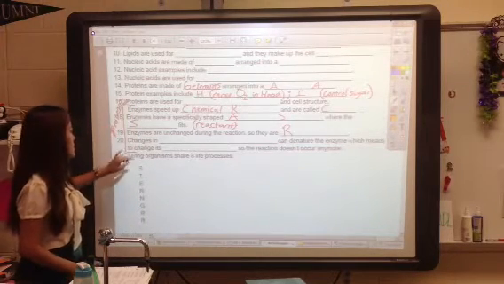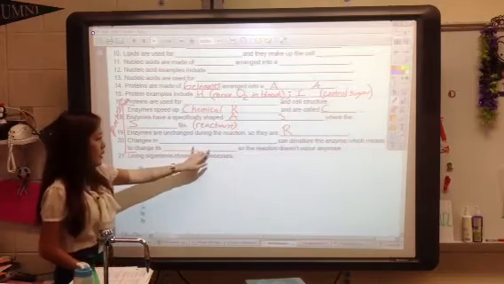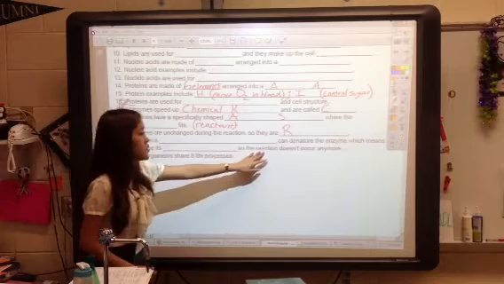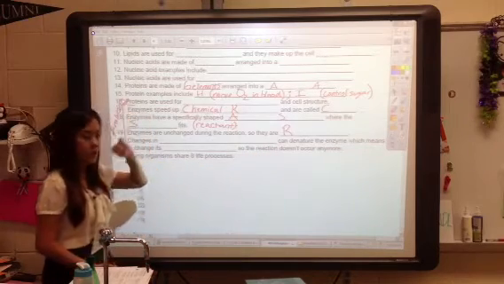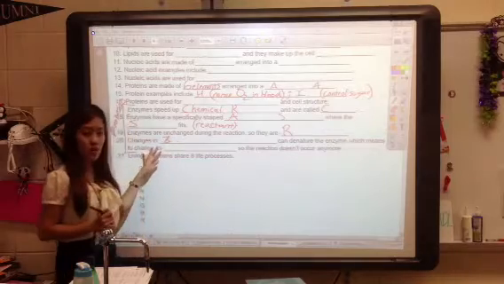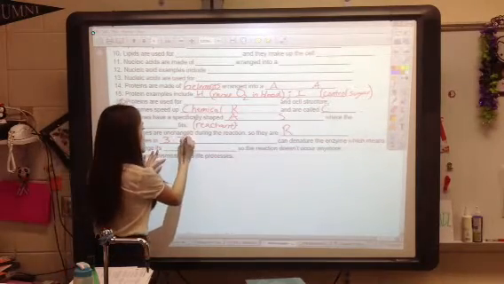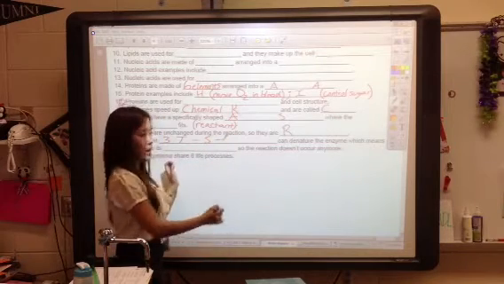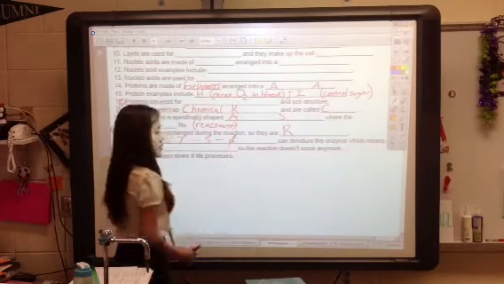They are proteins. Changes in blank can denature the enzyme, which means to change its blank, so the reaction doesn't occur anymore. So there's 3 things here that can be changed. One that starts with a T, one that starts with an S, and one that starts with a lowercase p. Okay?